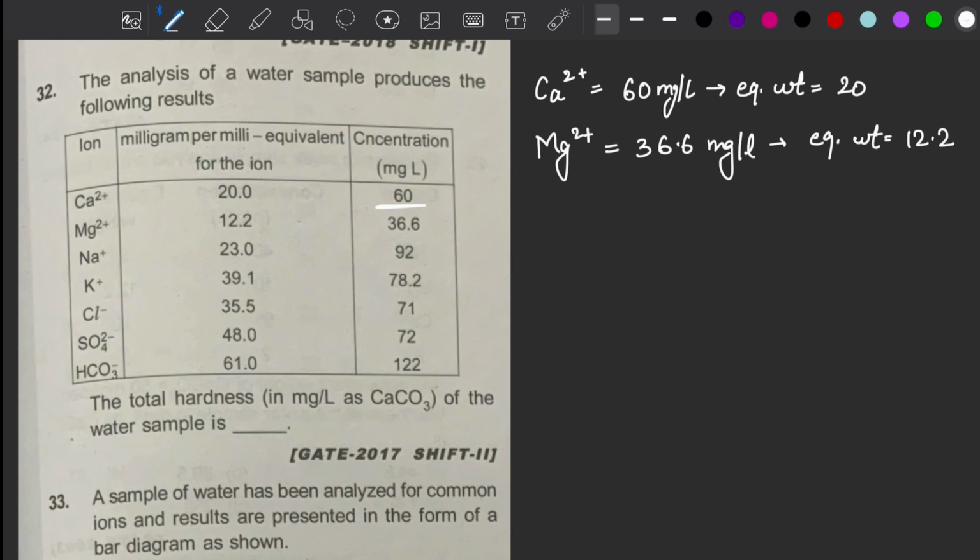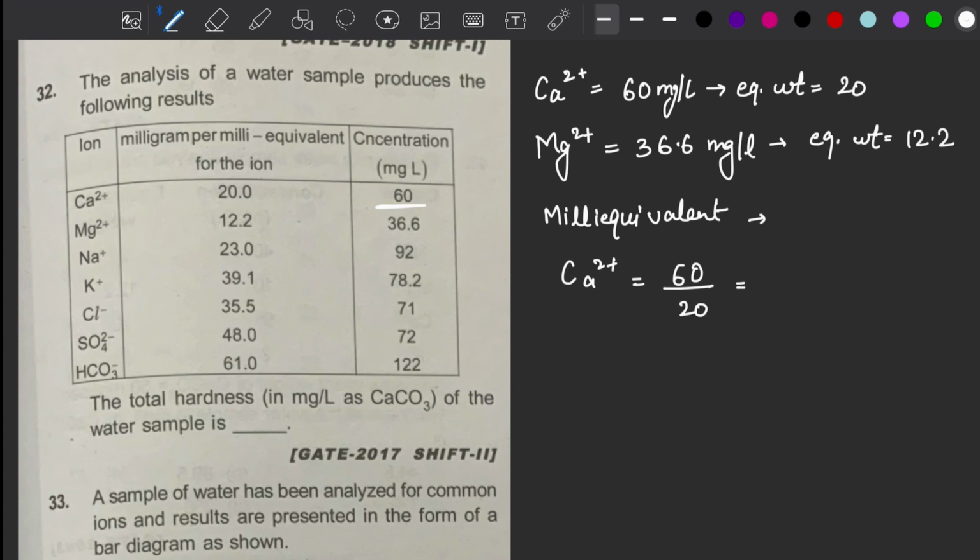If we want to calculate the milliequivalent of calcium and magnesium ions, milliequivalent is nothing but the concentration divided by the equivalent weight.